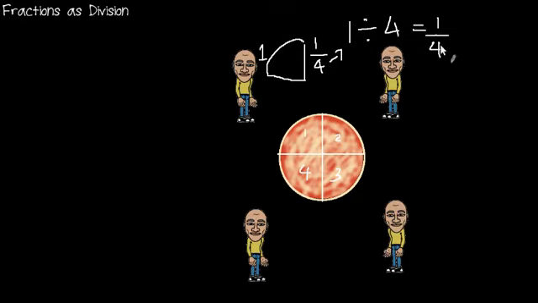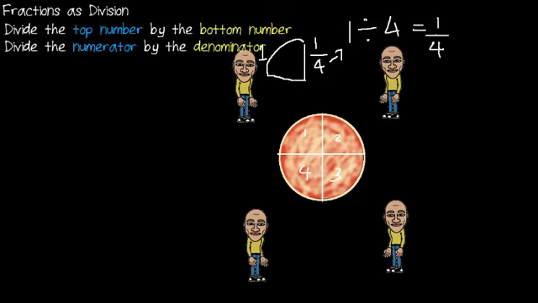So whenever you see this fraction sign, it's the same thing as if you actually divide 1 divided by 4, or in other words, the top number divided by the bottom number. Or another way that we have of saying that is the numerator divided by the denominator.